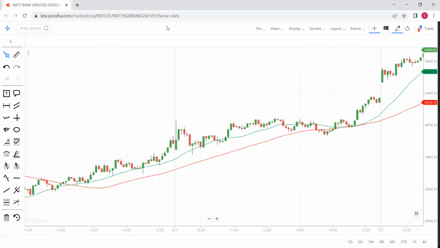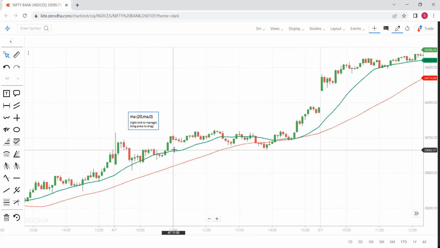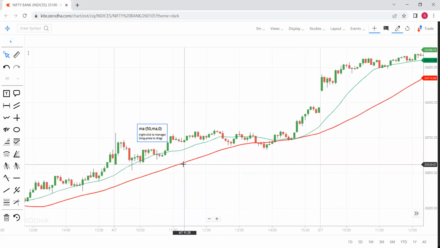The rules are pretty simple. Let me explain the rules. The first rule for the buy entry is the 20 period moving average should be above the 50 period moving average. This is the first important thing. So the green line is 20 period and the other line is 50 period.